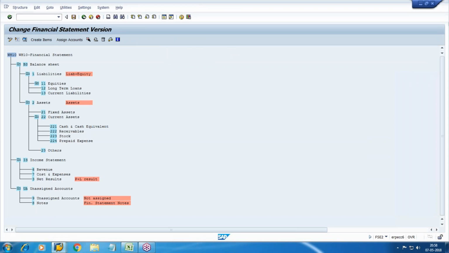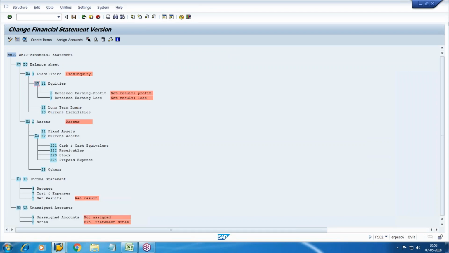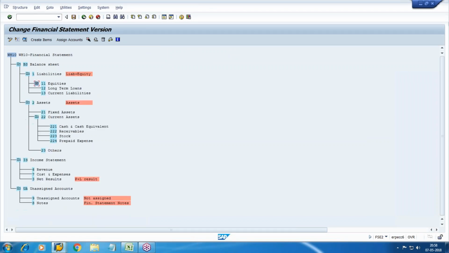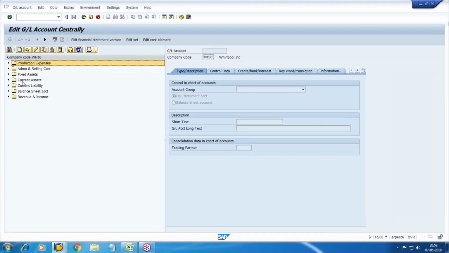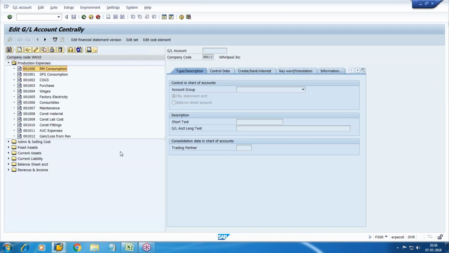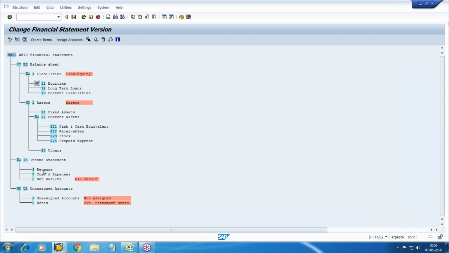So equity we don't have. If you have equity capital, then we can add this one. So leave it. Okay, let's start from here. So these are all your expenses. So add this under the income statement, cost and expenses.